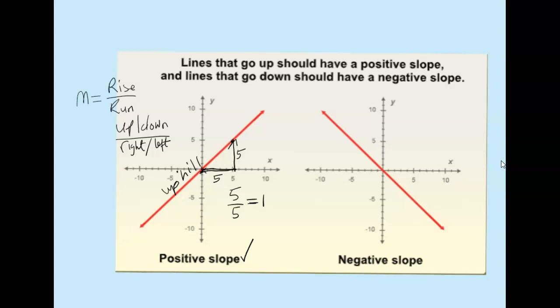Let's look at the other one on the right hand side here. We are still using the idea of rise over run. We can pick any distance that we want. So let me pick a point here, and I'm joining this. I'm going up here, and now let me pick this one point here, and I'm running to the right here.